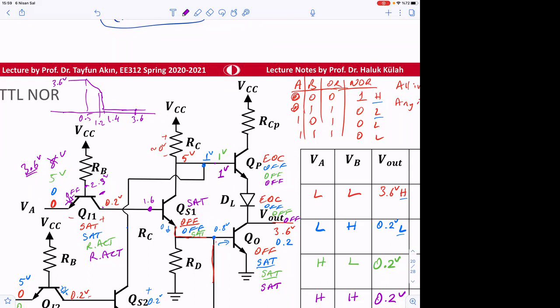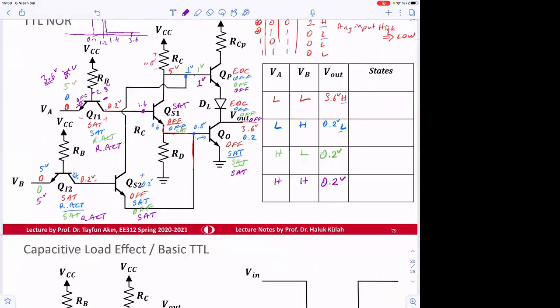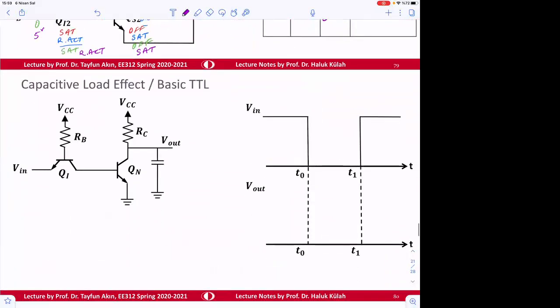Okay, so we will be doing NAND later on. There is one more concept maybe we should start introducing, and that concept is the switching time. Typically we have a capacitive load coming from the next stages.